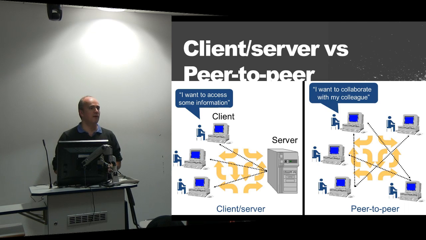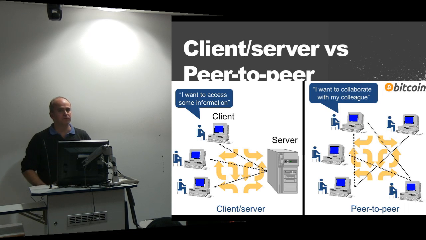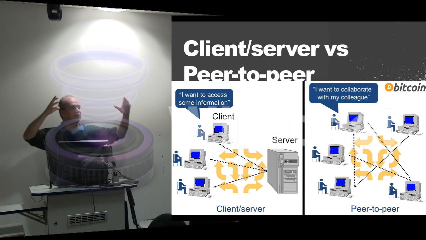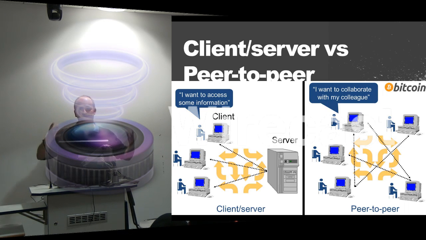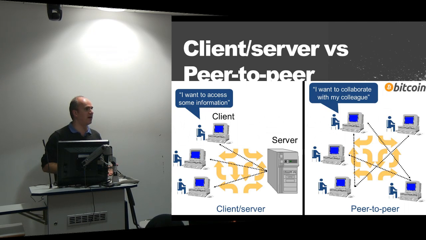So that's what you may use if you want to have a direct communication with an individual. And that's what companies like Bitcoin are using. You know, they want the movement of money to be untraceable. So you don't have a big machine with all the information, all the transactions, and if someone wants to know what is happening with this currency, they just go on that machine and read all the files.